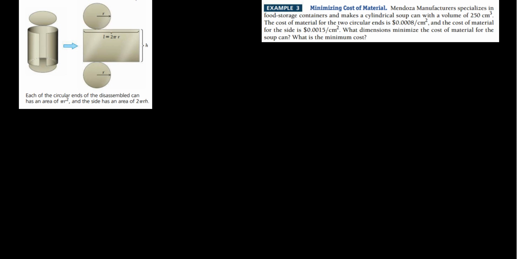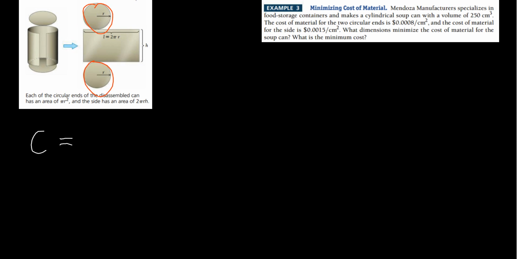Anyways, we're trying to figure out the cost, so let's just go ahead and call the cost C, because we're trying to minimize this. The cost is going to be the cost of these two sides, plus the cost of whatever this is.